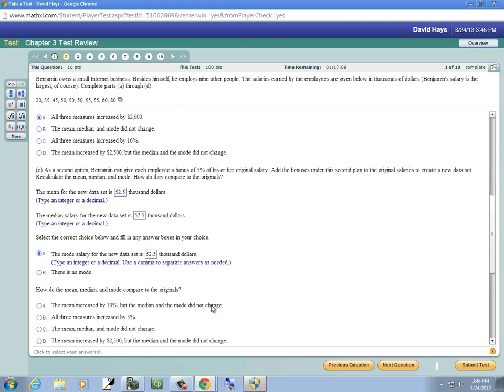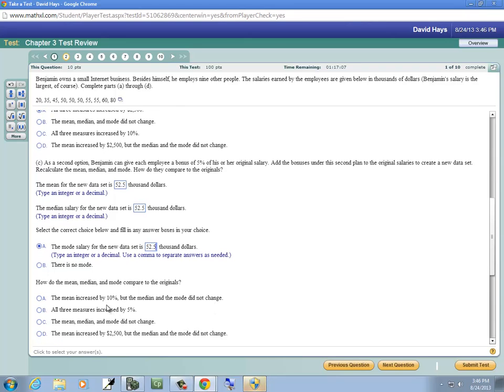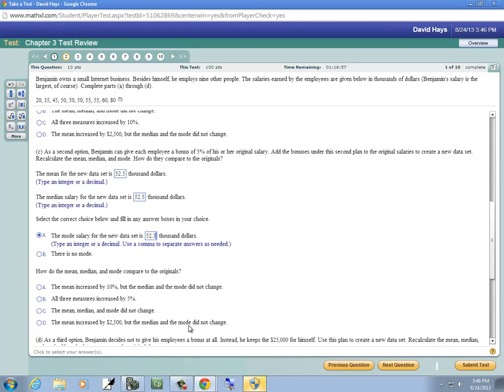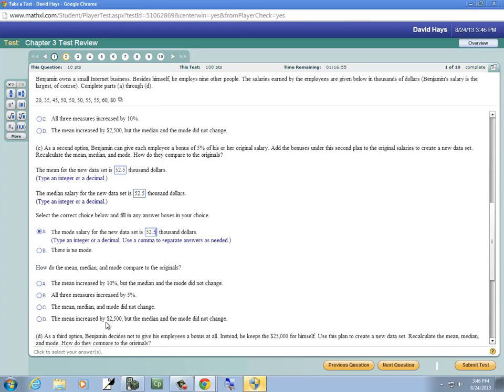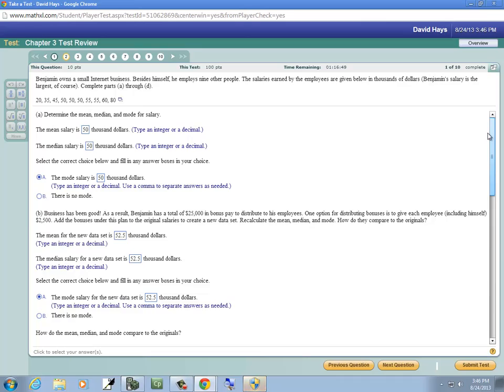Excuse me. Okay, how did the mean increase by, all the measures increased by 5%. The mean increased by 20, but the mean and mode did not change. Originally, I think they were all 50, yeah?